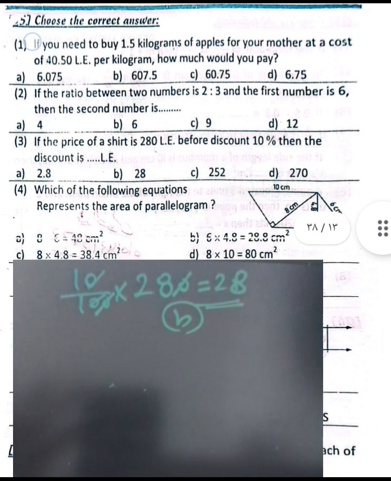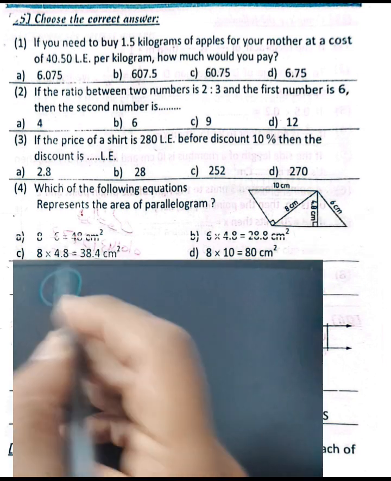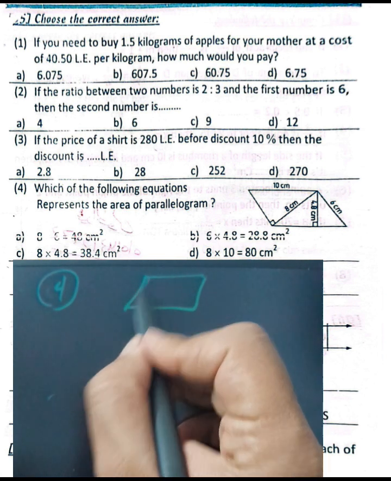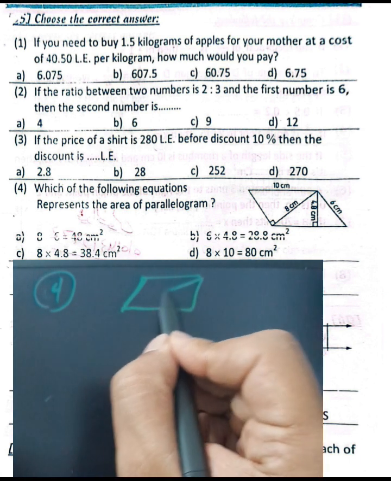Question number 4. We want to find the area of a parallelogram. The area of a parallelogram equals base times corresponding height. Okay, we have it's perpendicular.